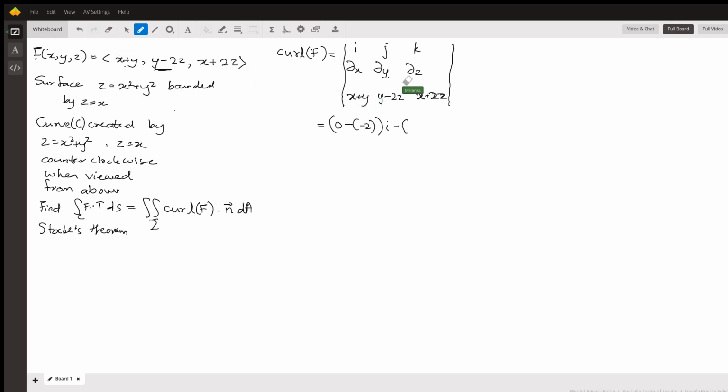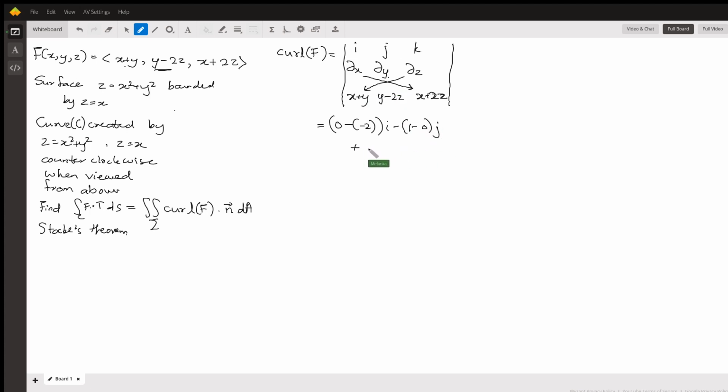For the j component, we find the partial derivative of this with respect to x, that is 1, and the partial derivative of this with respect to z, that is 0. So this is j.